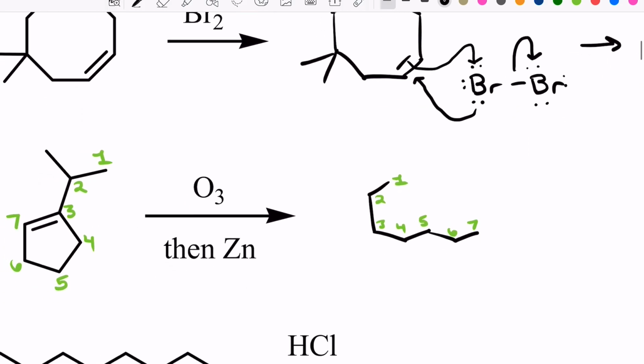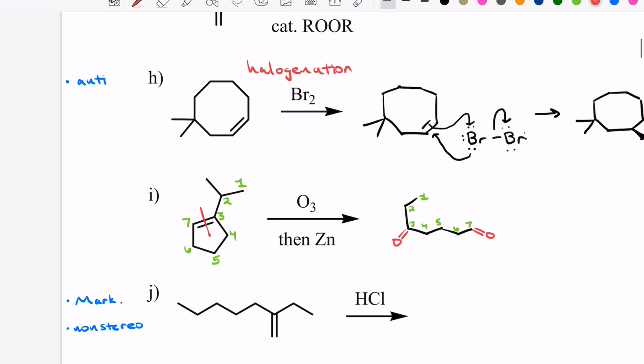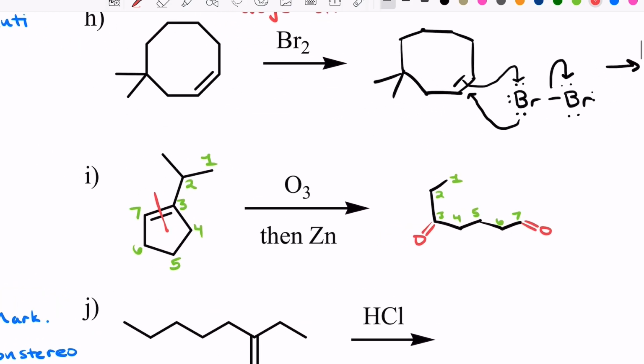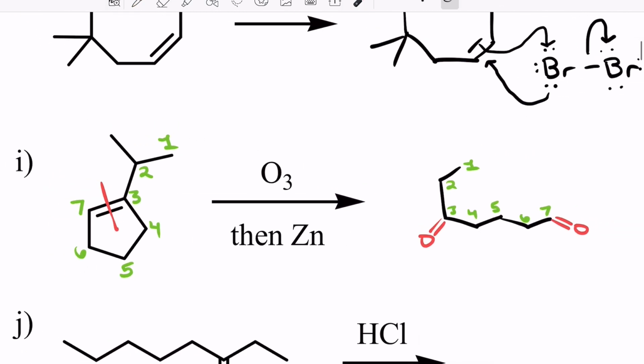And the thing with this is that you're going to add a carbonyl group to the 3 carbon and your 7 carbon. So carbonyl right there, and then carbonyl right here. And that's it. You just split your alkene, you number, and then whatever number is on either side of this cut is a carbonyl which is added.